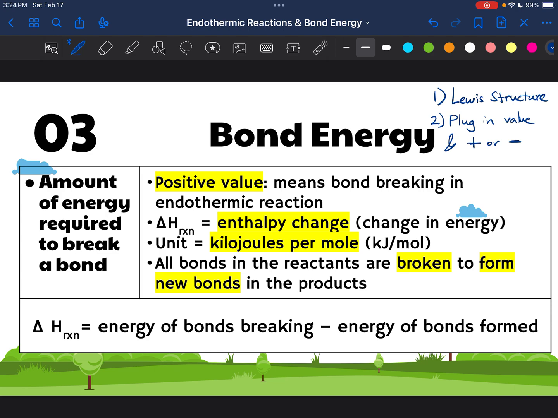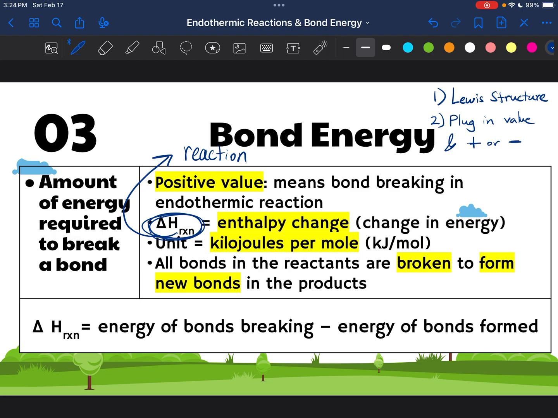But anyways, a positive value means the bond breaking is an endothermic reaction, just like delta H or triangle H that we talked about from the potential energy diagram. If you don't know what RxN is, which is totally fine, it's basically reaction, written in short. Enthalpy change or change in energy.